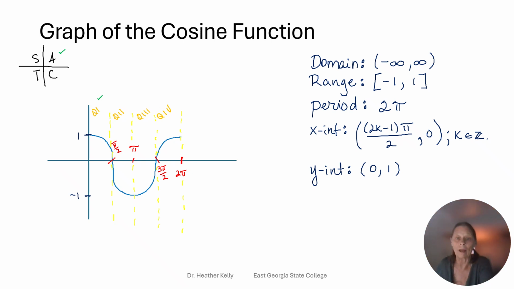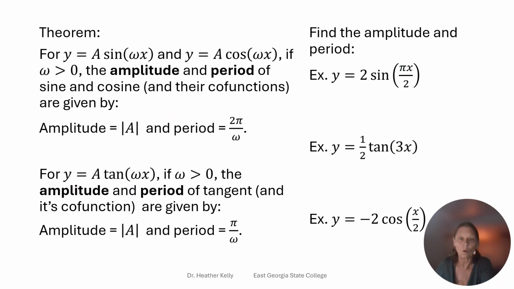Okay, so let's graph some of these. Oh, not yet. We have some more things to do. Let's get a theorem in, and let's understand a little bit more about the period and the amplitude and stuff. So let's have this theorem here. For y is equal to a sine omega x, and y is equal to a cosine omega x, if omega is greater than 0, the amplitude and the period of sine and cosine and their cofunctions are given by this formula here.